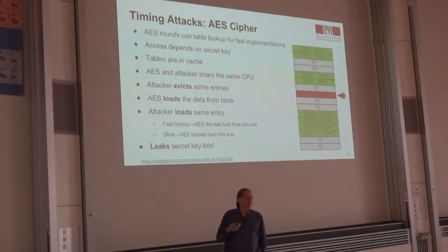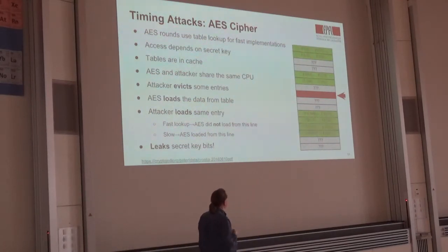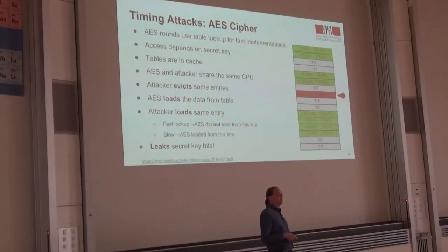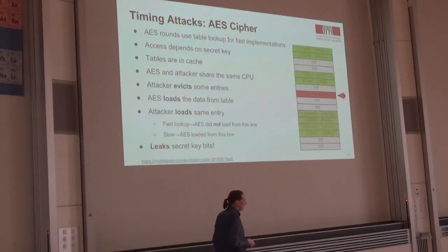But on the other hand, especially in the side channel attack community, we have very sophisticated ways that attackers can statistically analyze information from many, many runs. So in practice, the way these attacks work is the attacker knows that the victim is doing a lot of AES encryption or decryption, all using the same private key.